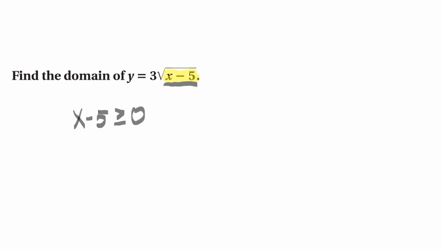We can't have a negative underneath a square root, then that wouldn't be a real solution. So we're going to find out what our domain is by setting our radicand greater than or equal to 0. We're going to add 5 to both sides, and so we get x is greater than or equal to 5. So that means that our domain is the set of real numbers greater than or equal to 5.